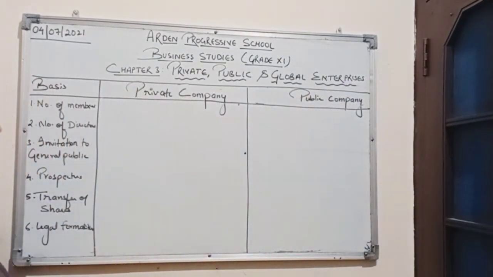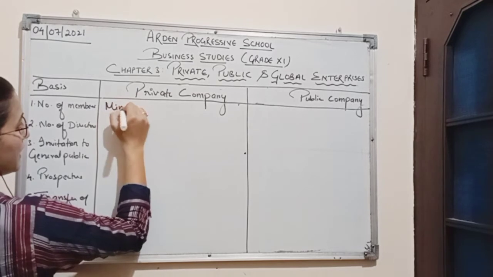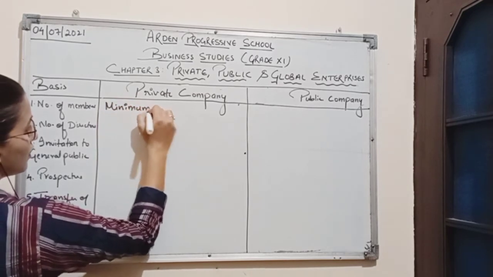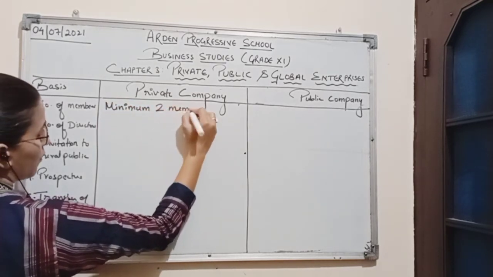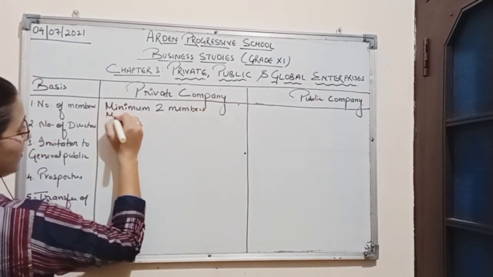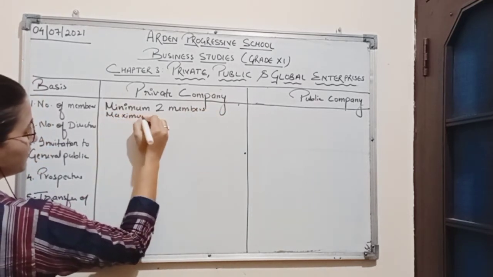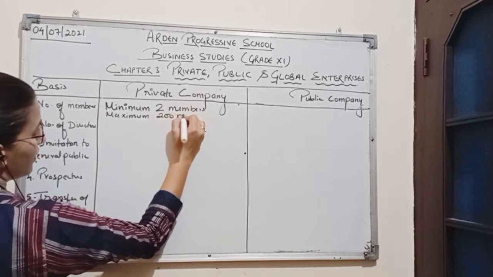In a private company, minimum 2 members are required and maximum 200 members.